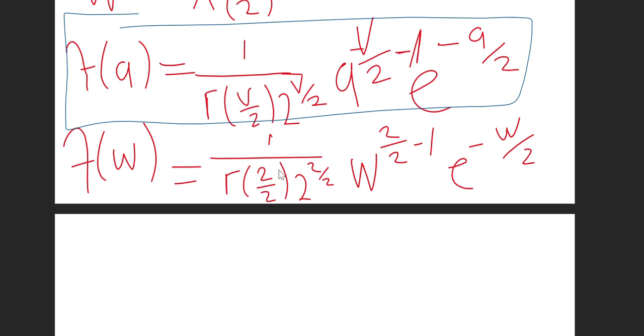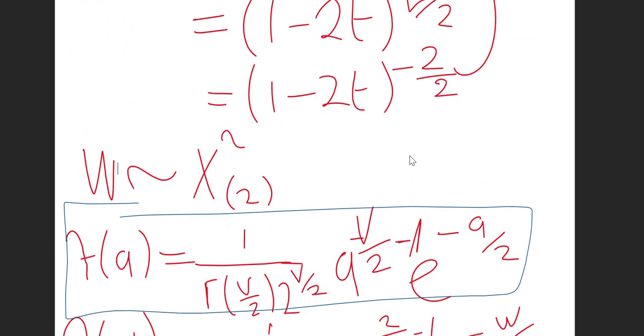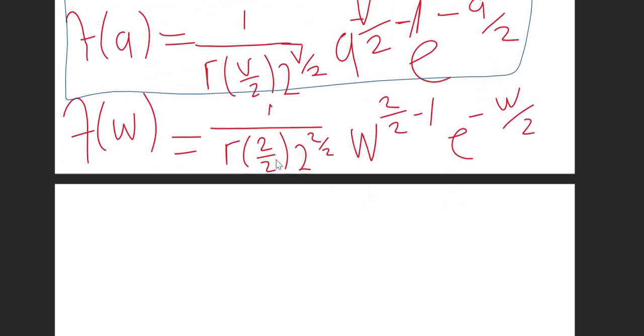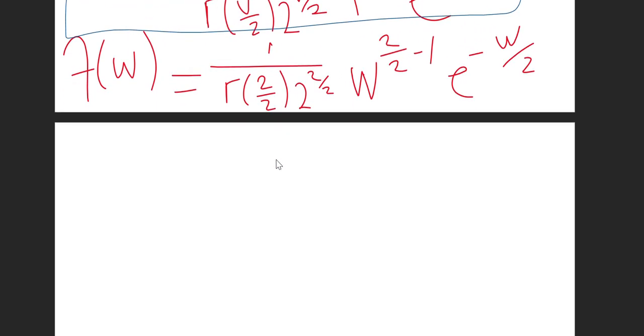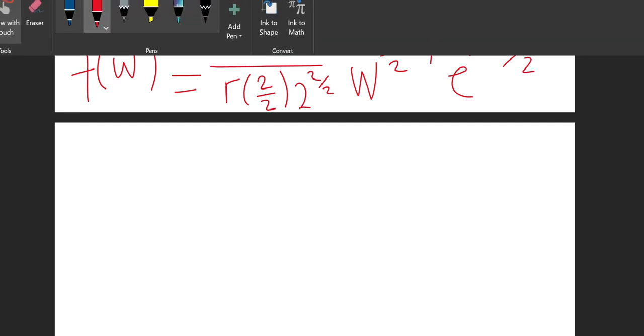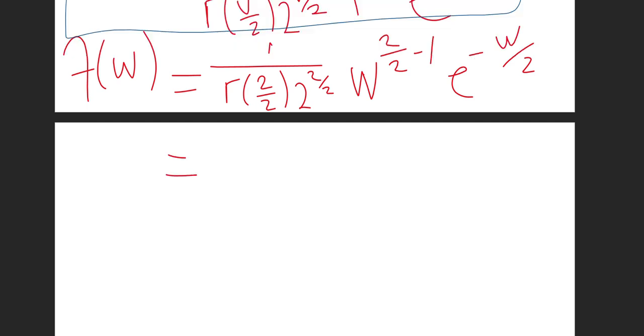Now we are trying to find the PDF of our W, since we know that it is a chi-square with 2 degrees of freedom. Gamma of 2 over 2 is gamma of 1, and gamma of 1 is just 1, so this will be just 1 over 2.